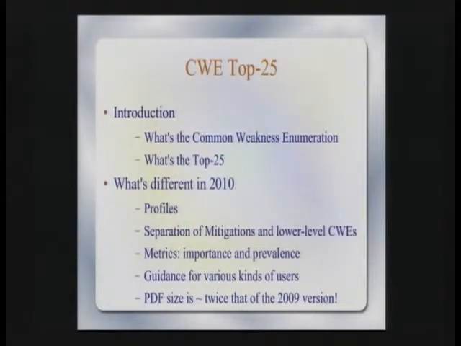I'll then talk about the top 25. And then I'll move on to what's different in 2010 about the top 25 list. So we'll talk about profiles, we'll talk about mitigations, the metrics we used, guidance, and just to give you an idea of how much effort has gone into this 2010 version, the PDF version of the document is twice the size that it was last year.